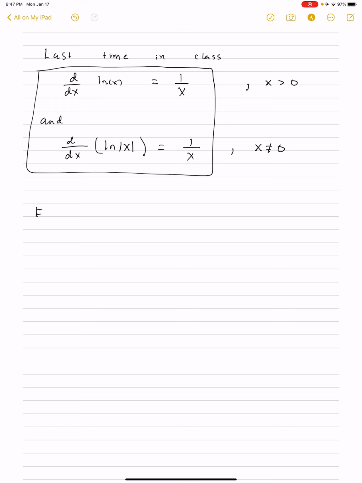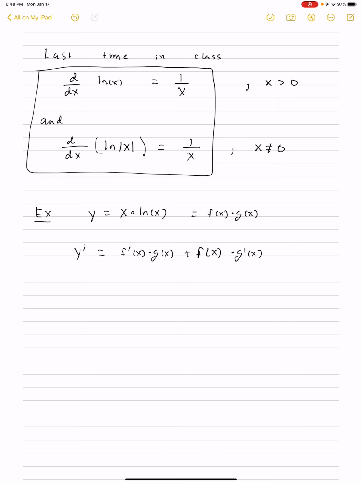So let's just work an example. Suppose that y is x times ln of x, and you're asked to find y prime. Well, we'll just write this as the product rule, f of x times g of x. Then we're just going to use the product rule: f prime of x times g of x plus f of x times g prime of x.